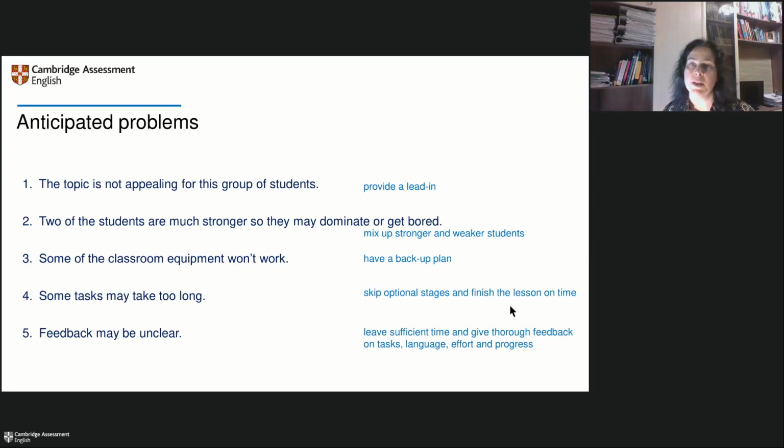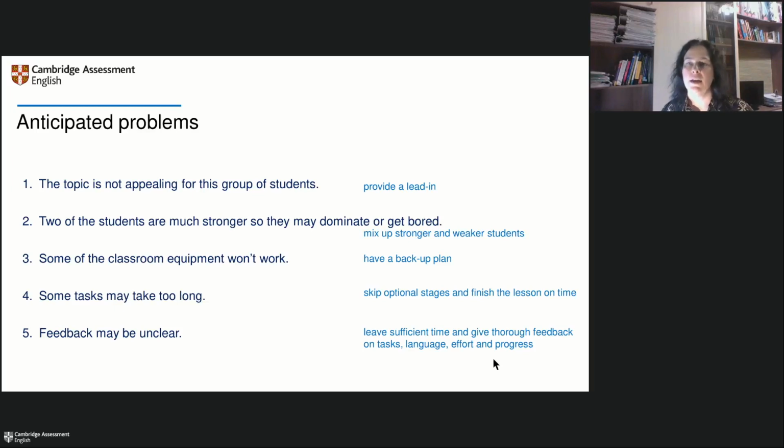Like if it's speaking, perhaps it's not a good idea to shorten that particular activity, right? So you'll be getting rid of some of the sub-aims, sub-stages, like, I don't know, giving a huge input on vocabulary. You can shorten that. And feedback, so probably feedback is the most important thing at the end of the lesson.